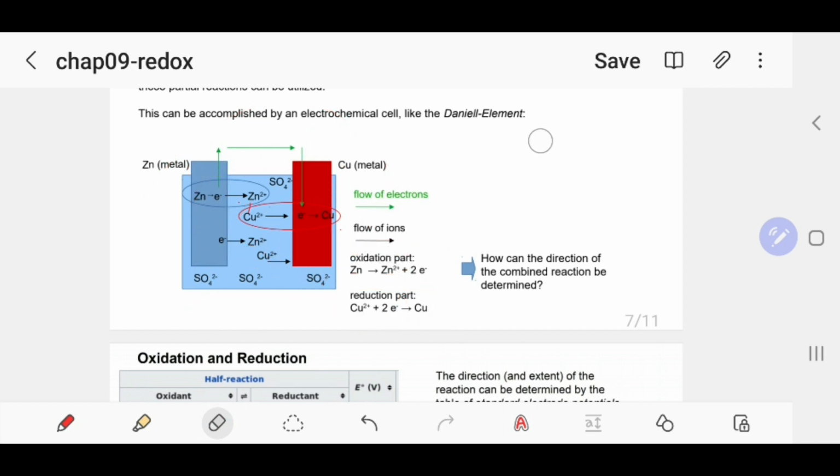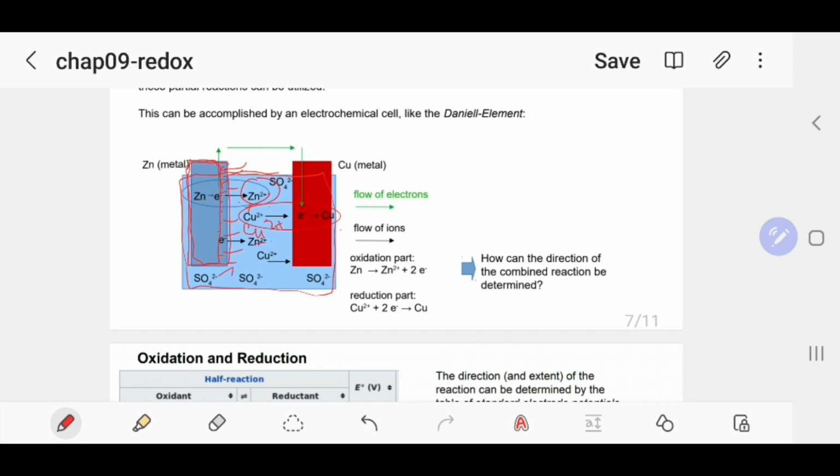Then zinc will be giving away electrons in the solution, which means this metal is decomposing, and instead of being that thick, it will be, for example, this much thick, because part of it is decomposed in the solution, giving away some electrons, here in water, where we have copper ions. And of course, it's giving away zinc ions.